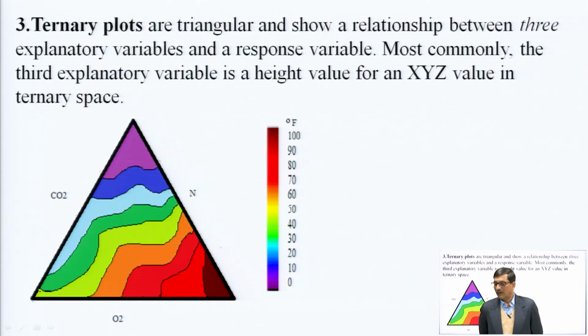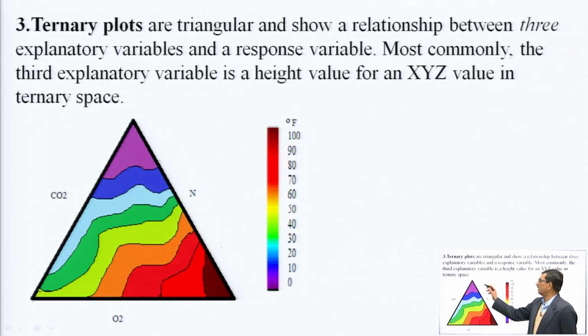Next, third is the ternary plot. Ternary plots are triangular and show a relationship between three explanatory variables and a response variable. Most commonly the third explanatory variable is the height value for the x, y, z values in the ternary plane.